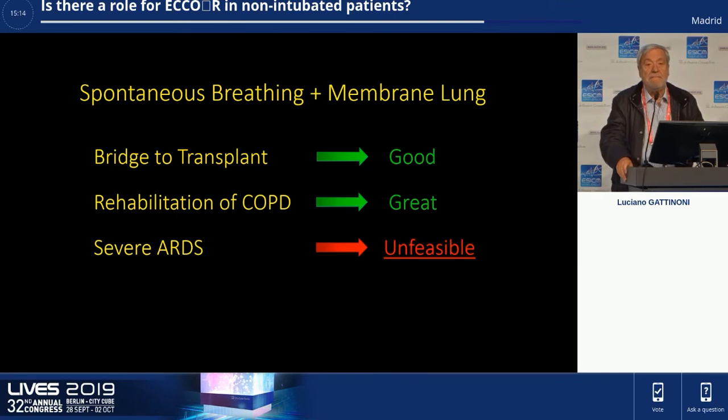Severe ARDS: spontaneous breathing, I think, is not a good idea. Because everybody knows now that in severe ARDS, what is the problem? The first approach could be, okay, I have ventilator-induced lung injury, I take the ventilator, I throw it away, and the ventilator-induced lung injury disappears. Unfortunately, it's not the ventilator, it's the ventilation-induced lung injury.